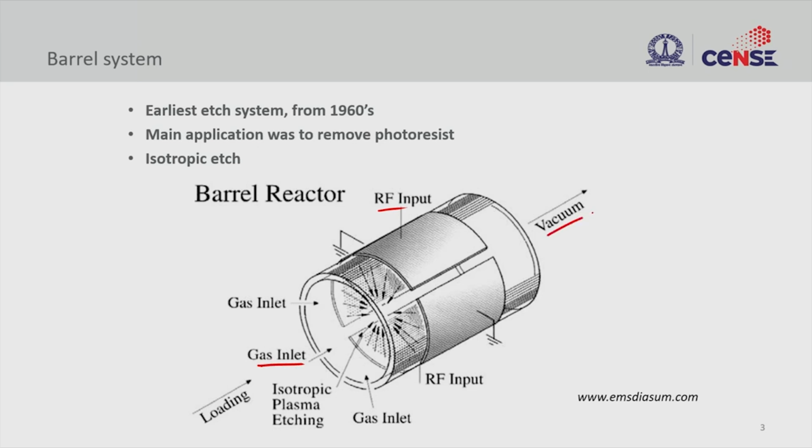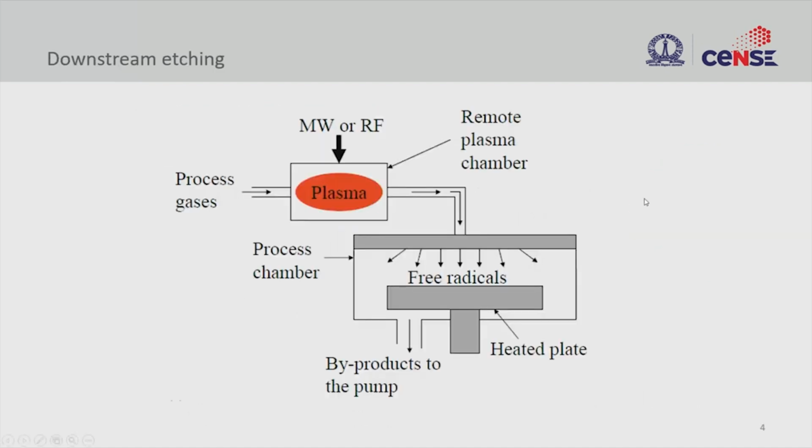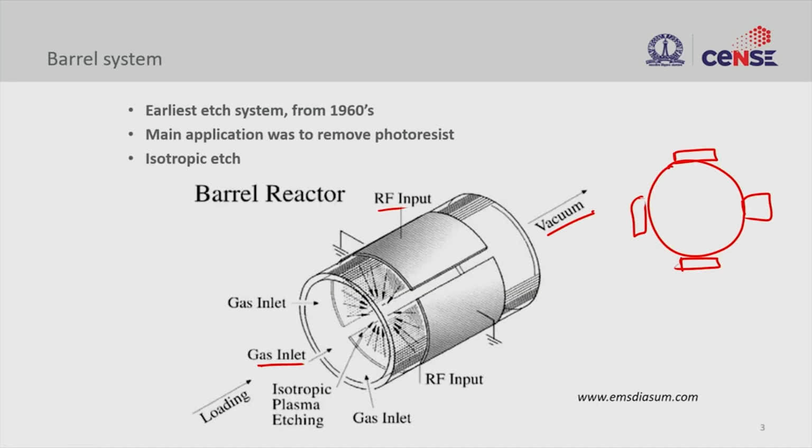And then you can suck out the gas on the other side through the vacuum, and in the presence of gas and your field, you generate plasma, right. The interesting thing is, if you take the barrel, the electrodes are placed in such a way that you create a uniform plasma.